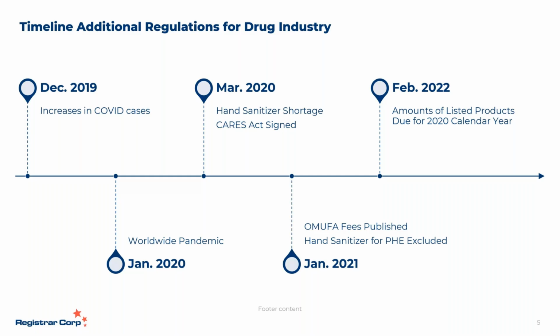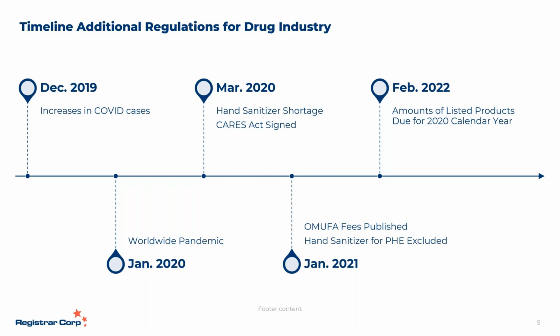For us, we never saw so many hand sanitizer listing requests. That was due to the shortage the big brands experienced. Hand sanitizer was used at an alarming rate and was difficult to find. There was, of course, so much more that was in shortage. It was in March of 2020 that the CARES Act was signed.